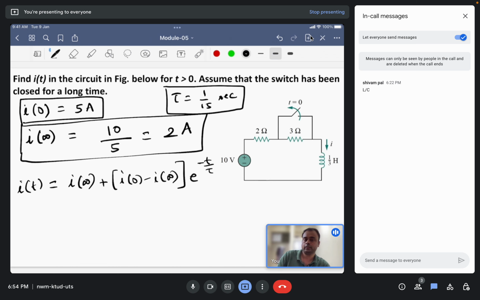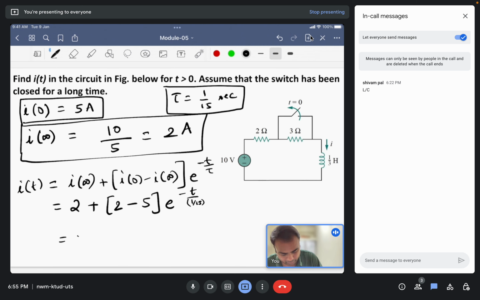So we just have to substitute the values and get the current. Please substitute the values and get the answer. Substituting, I infinity we got as 2 amperes, so 2 plus (2 minus 5) e to the power minus t over tau. Tau is 1 by 15.